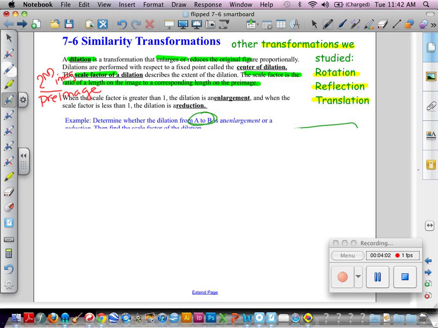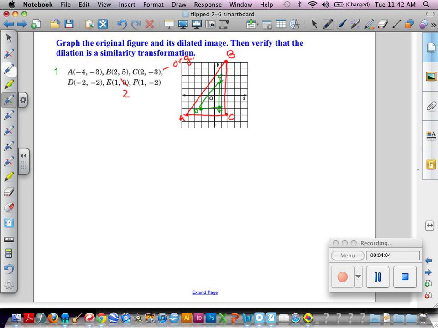We only have one more problem, and that's at the bottom of the page. Graph the original figure and its dilated image, then verify that the dilation is a similarity transformation. So pause the video and take a minute and graph those points.